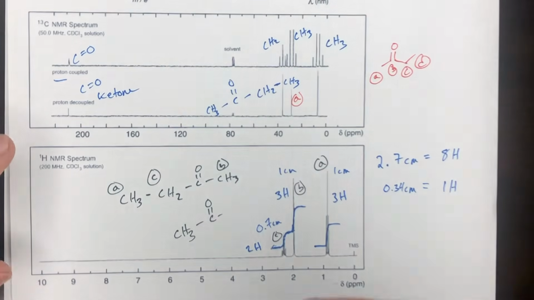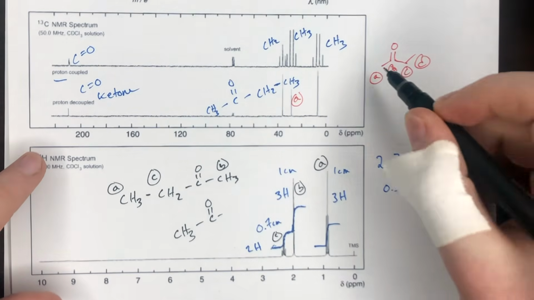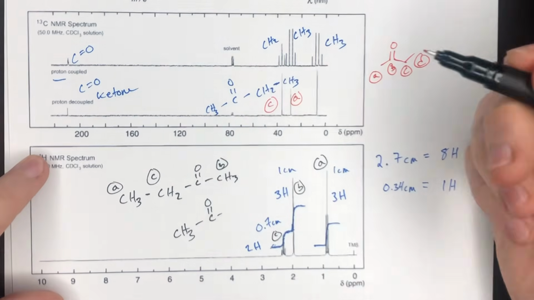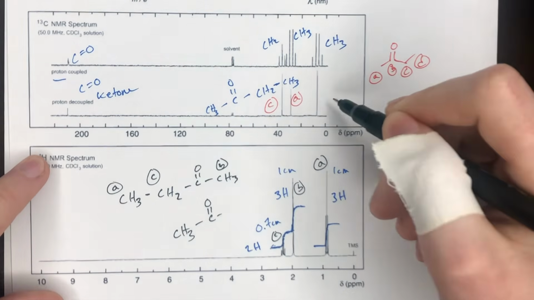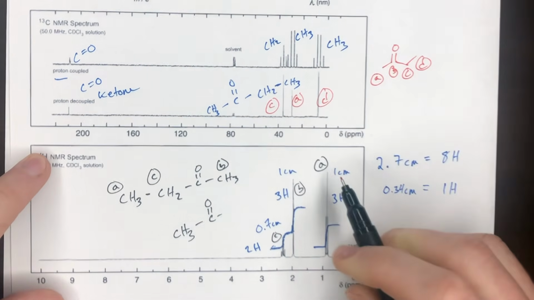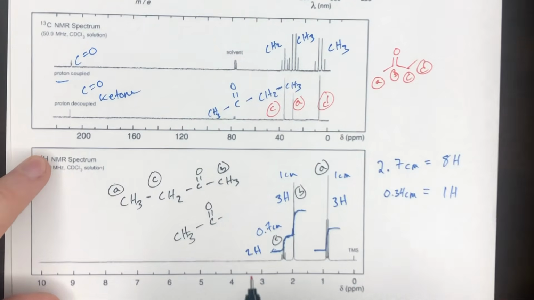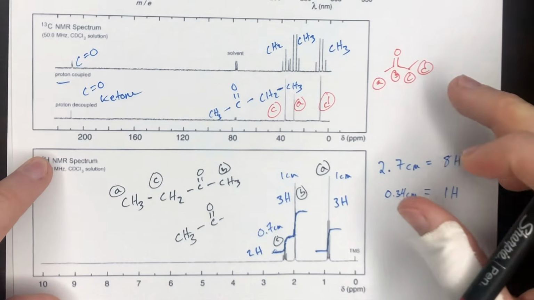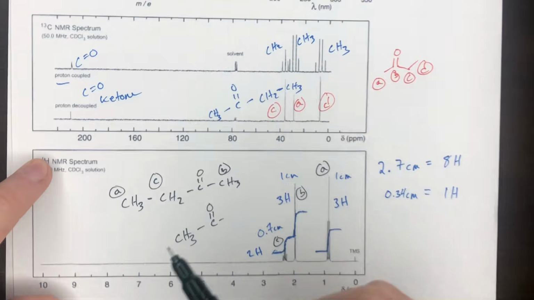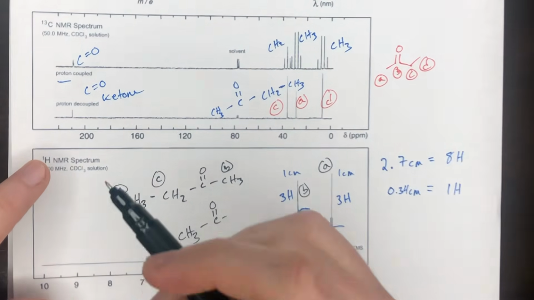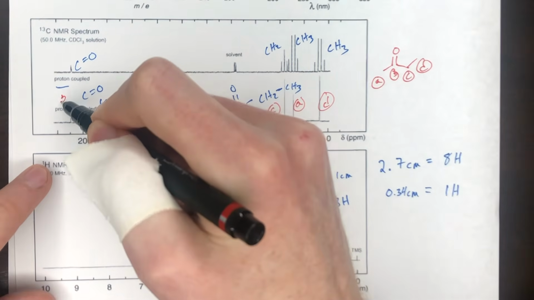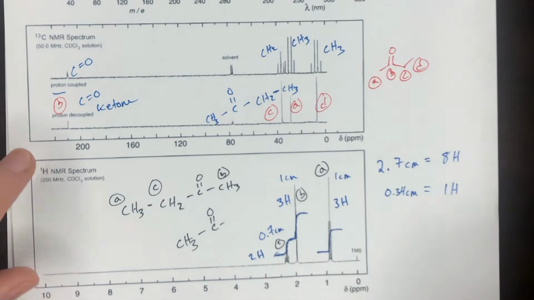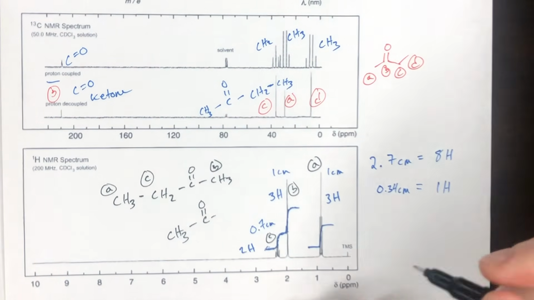So that's consistent there. And then our CH2 group that's bound to the carbonyl, that is C here. And then D is the most shielded, the least deshielded signal there at the lowest number. And then our ketone is last, which is B here. Okay, that labels all of the signals.